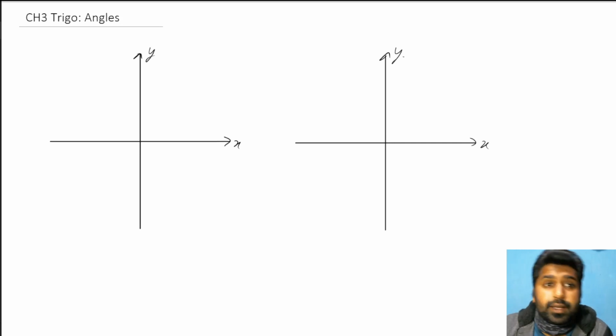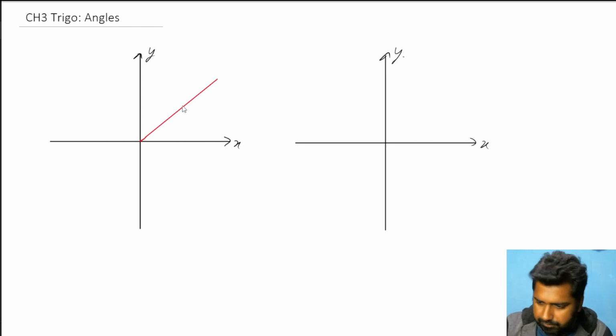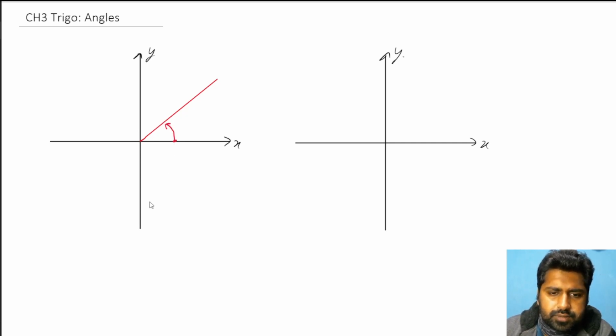So how do we measure an angle basically? Suppose there is a line like this. So angle will always be measured with respect to the positive part of the x-axis, and it will always be measured in anti-clockwise direction. That's the basic definition of angle.